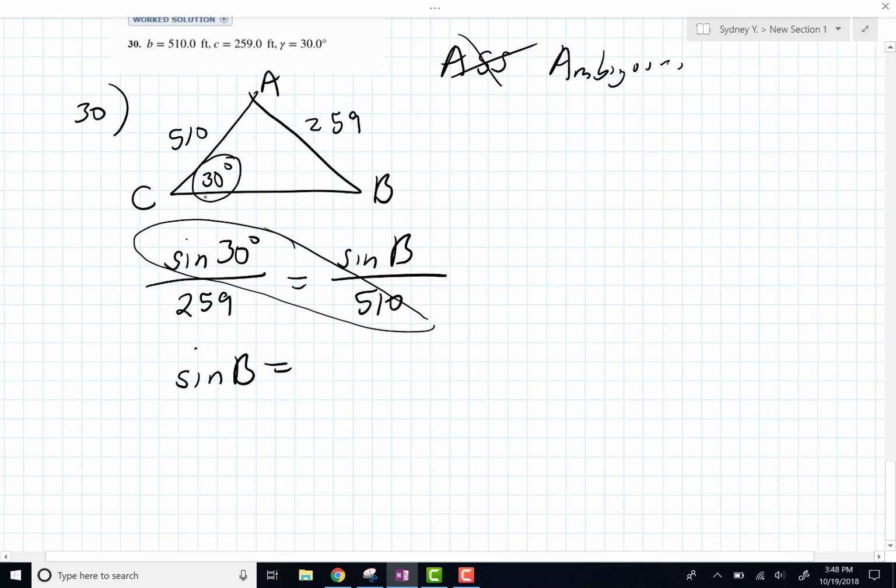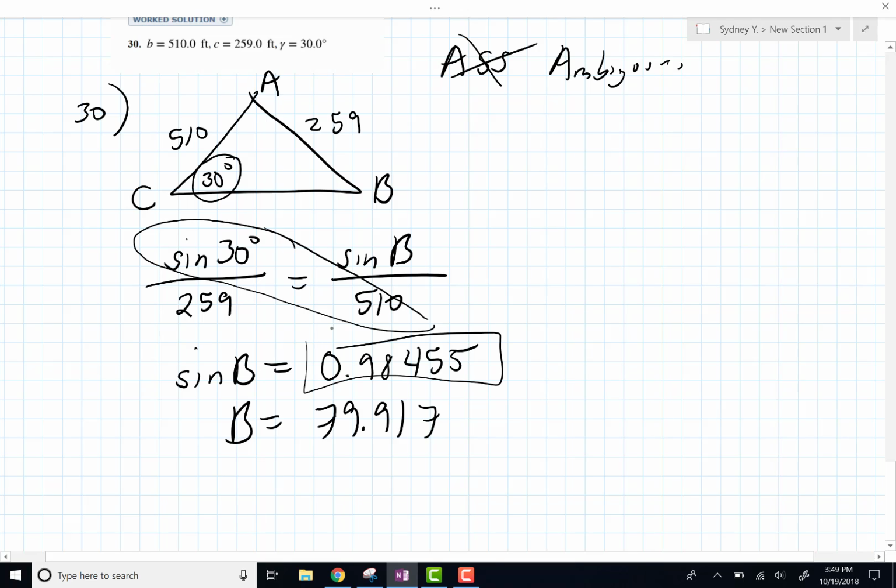So I'm just going to do 510 sine 30 divided by 259, and that'll be 0.98455. And then you just do the inverse sine of that, and you get that B is 79.917.